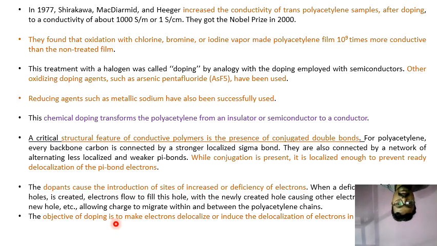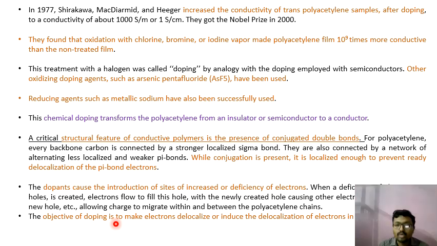So what is the summary from this part? Summary of conductive polymer: the polymer molecule can be conductive if there is a conjugated double bond. First thing. Second thing, the presence of this conjugated double bond is not enough for sufficient conductivity. It has conductivity, but it's not sufficient. We can enhance this conductivity by use of dopant.